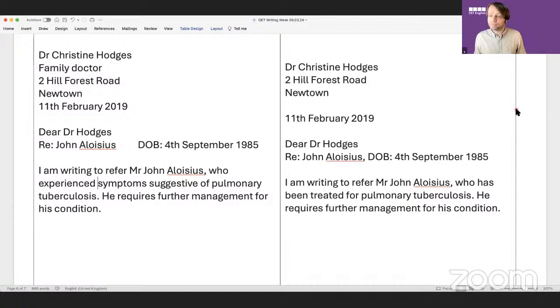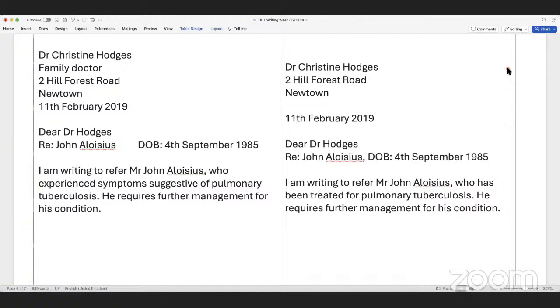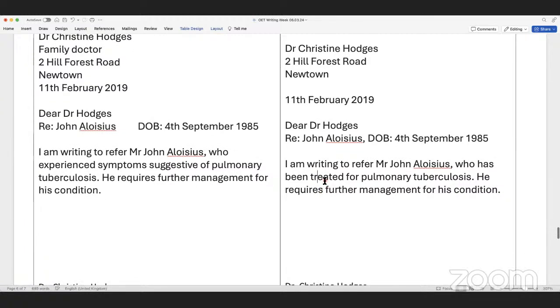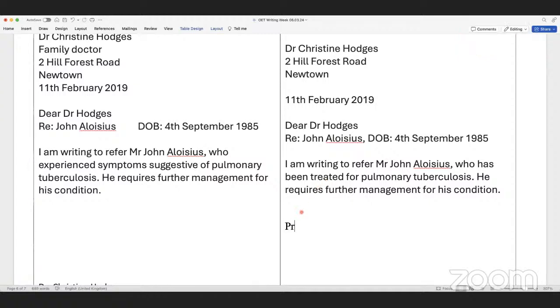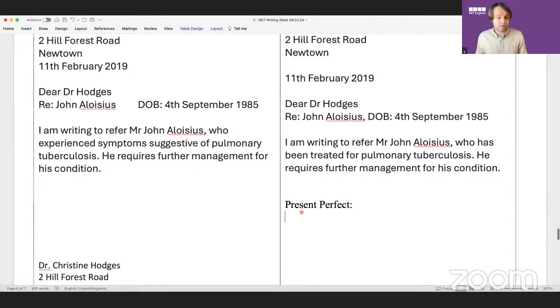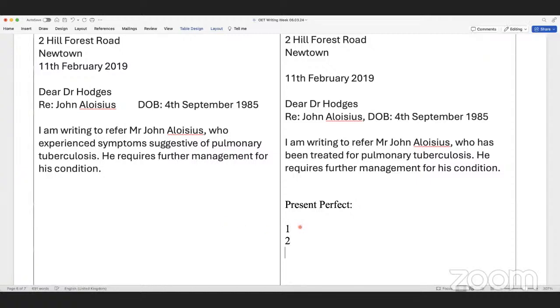Go on, Najibullah. In the present perfect tense, we say who has been diagnosed with pulmonary tuberculosis. It means it's continued up to now. No, no. Remember, with present perfect the time is not mentioned.